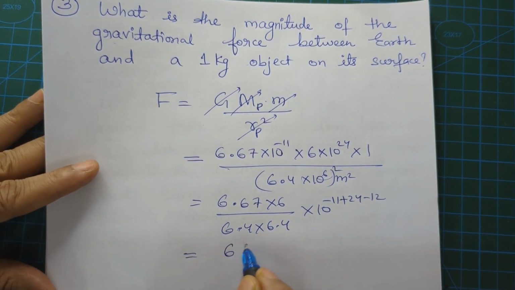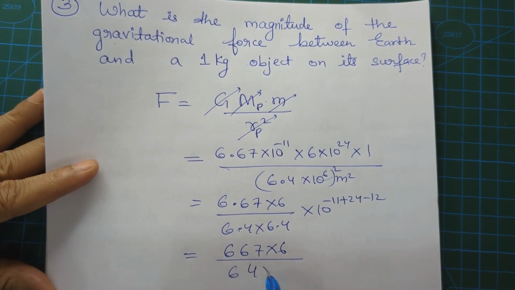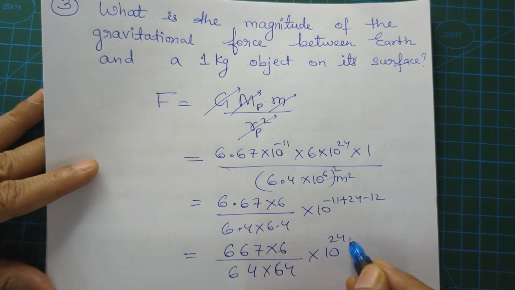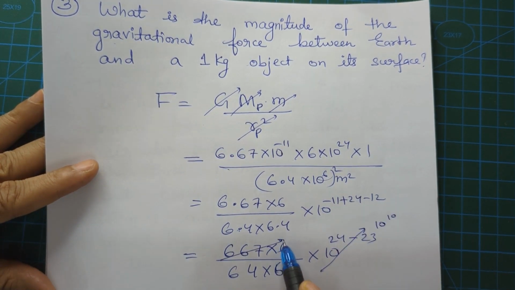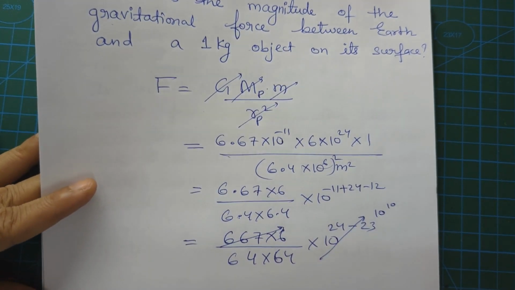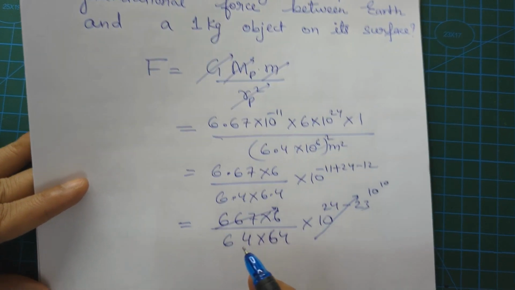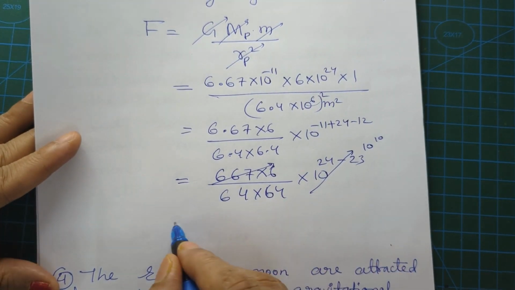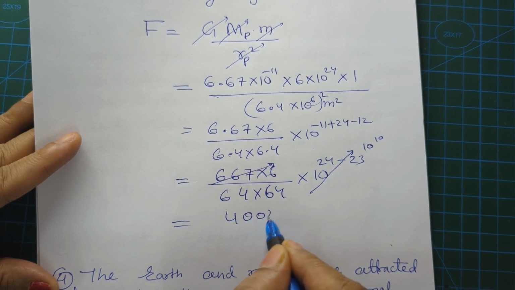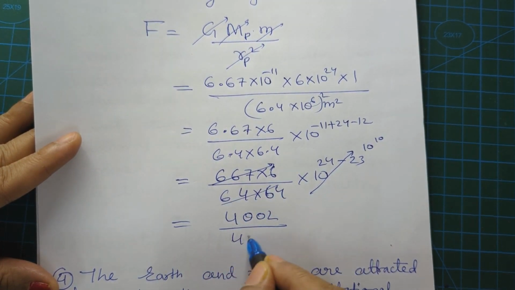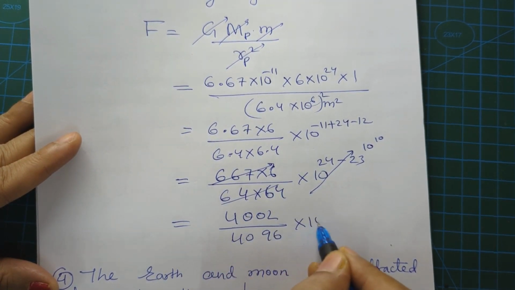So the numerator is a set of numbers which we have to multiply, the denominator is a set of numbers that we have to multiply. And here 10 to the power 24 minus 23. A good number of times done question, so the number is a kind of known number. So numerator is going to be 4002, denominator is going to be 4096 into 10 to the power 10.